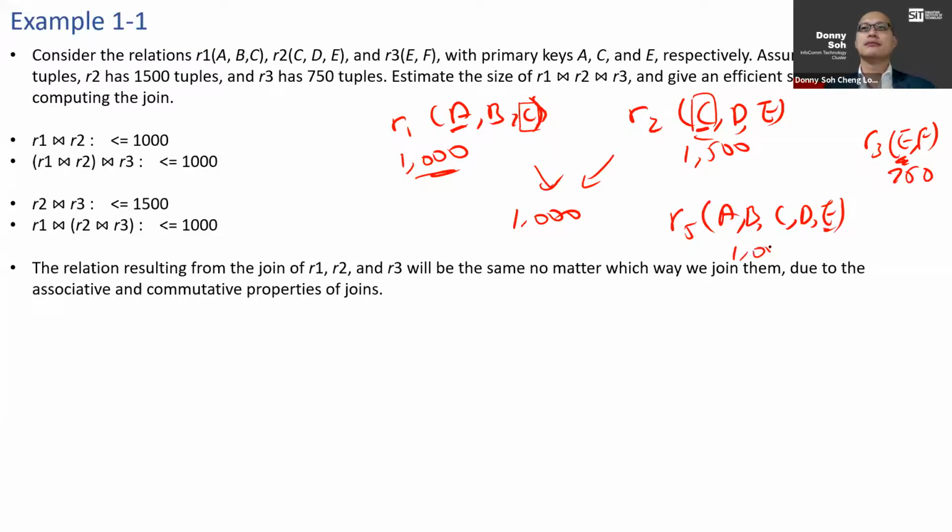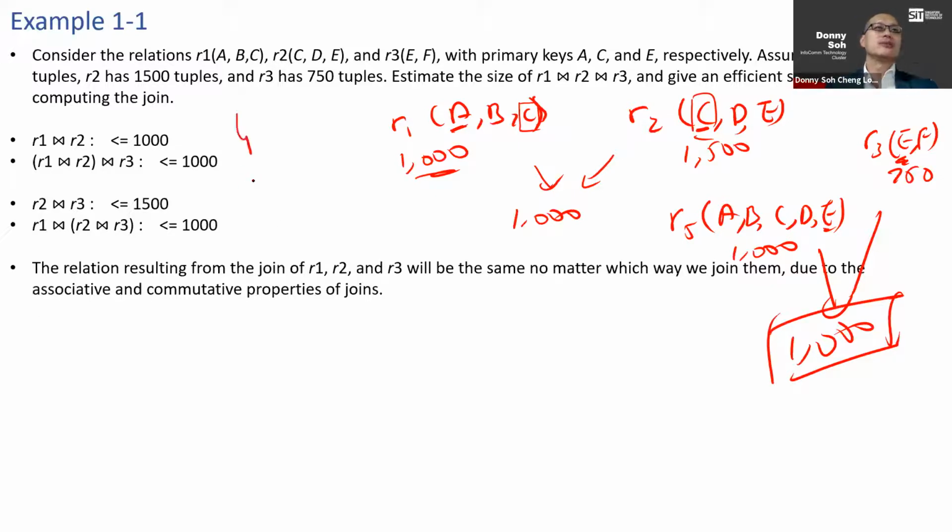This has 1000 tuples. Once again, this is joining based on a candidate key, a primary key, so at most one value in R5 will be joined with one value in R3, and so the maximum value of this join is going to be 1000 as well.